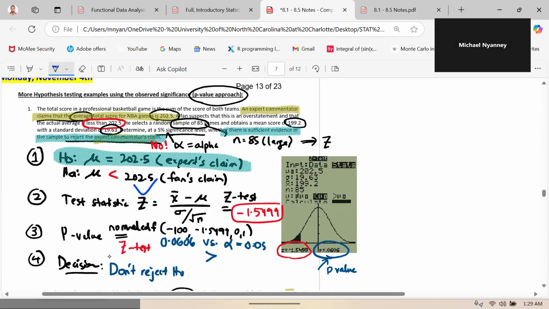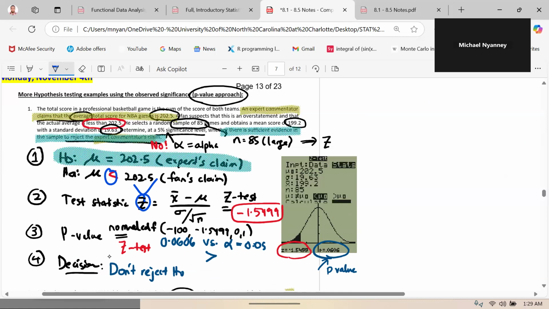Since we are going this way, we calculate our z value. Note that for previous examples, we've already been given the z value, but now we have to calculate the z value before we can use the p-value approach. So for the p-value approach, you need your z value and the direction, and you need the figure here.